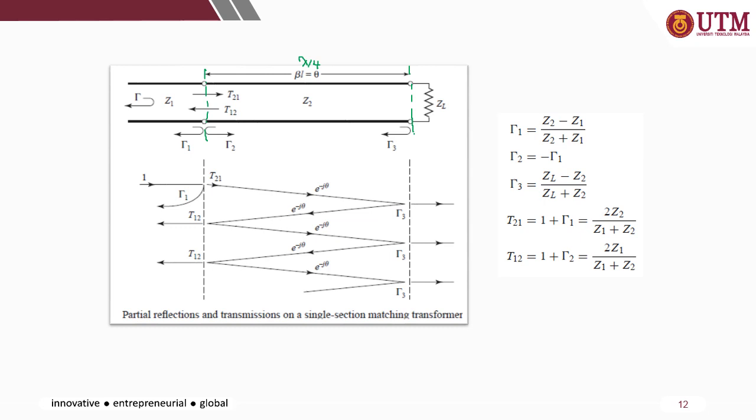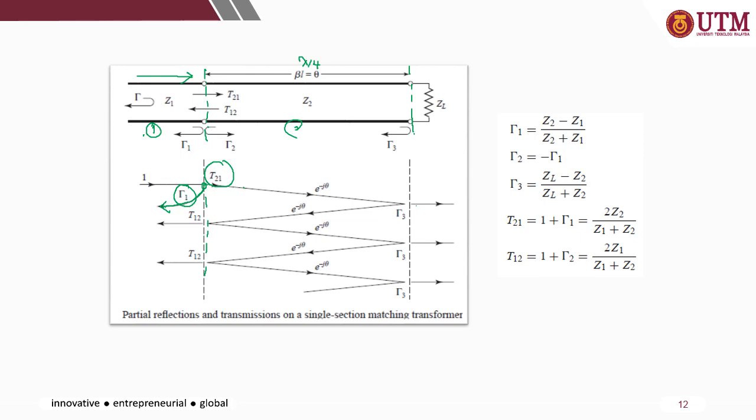What happens when the signal is injected into the line? There will be reflection at the intersection point, given by reflection coefficient 1 or gamma 1. Besides the reflected signal, there's also a transmitted signal from the first element to the second element.